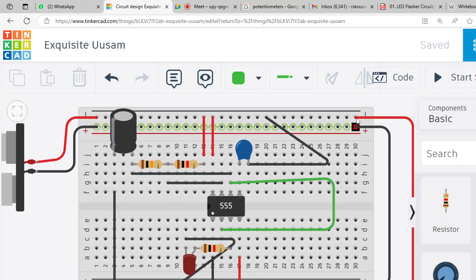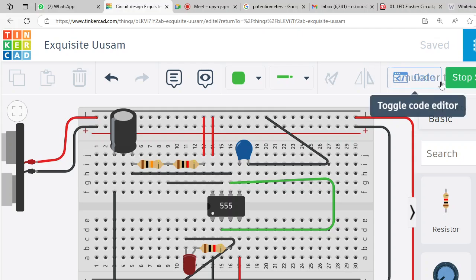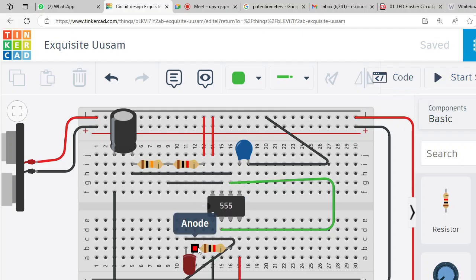This is not working, right? Is this connected to? This is not connected to anything at all. Okay, sir.